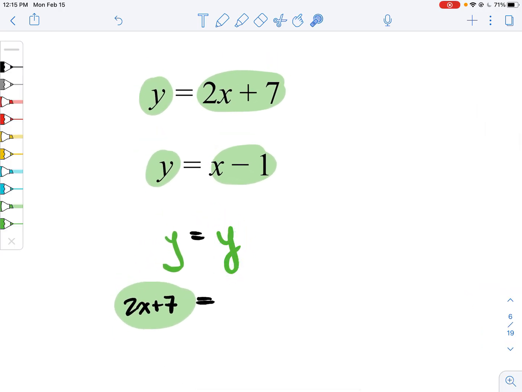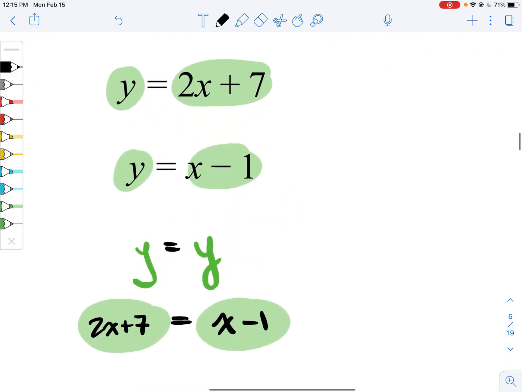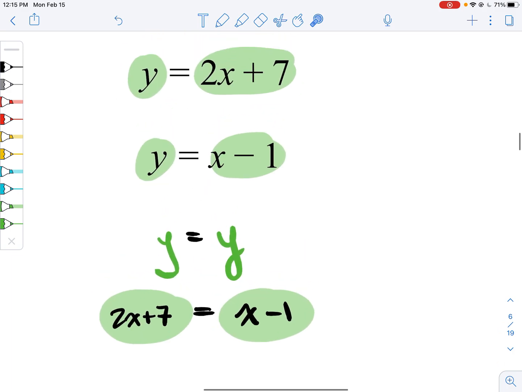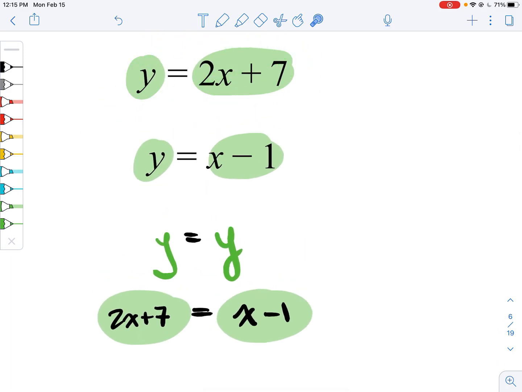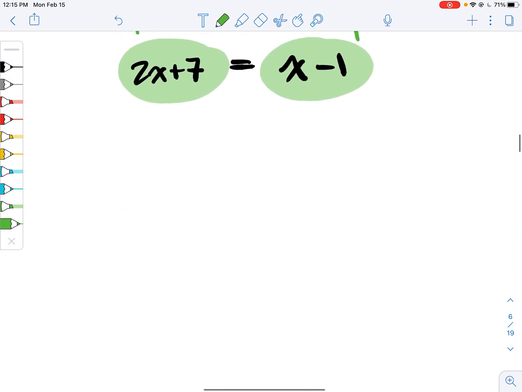But on the other hand, I also know that y equals x minus 1. So now I have each of these, and I'm going to say that they're equal to each other, because 2x plus 7 equals y, and x minus 1 equals y. Since they're each equal to y, they are equal to each other.